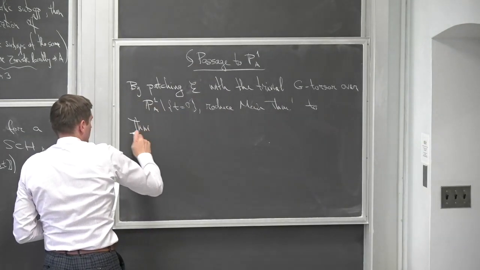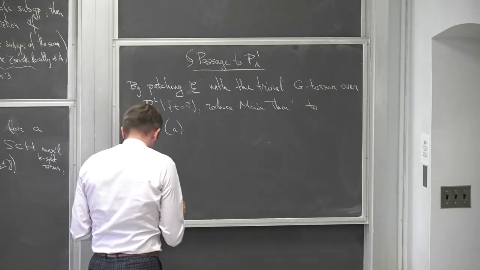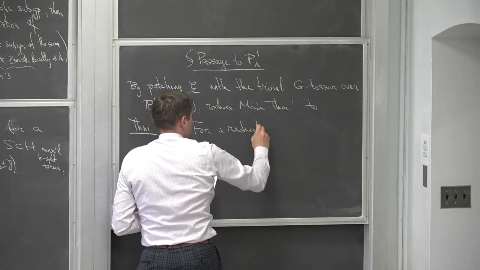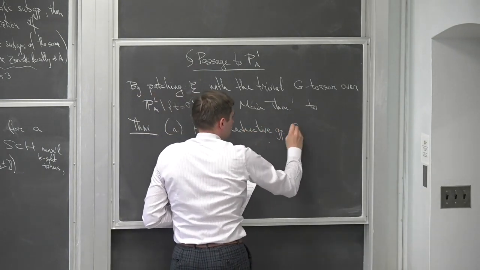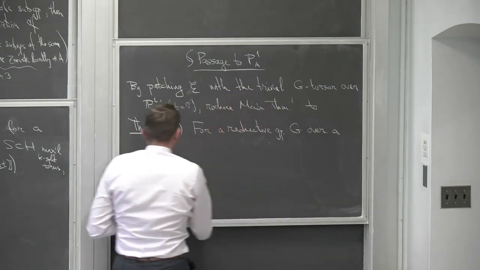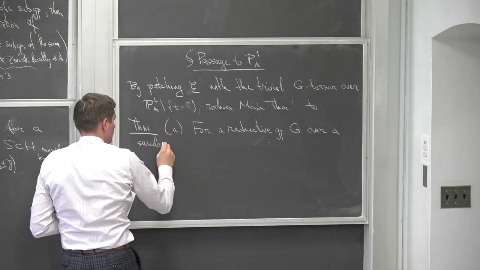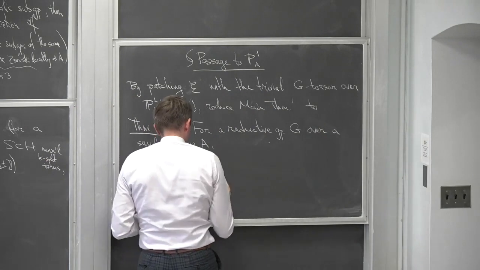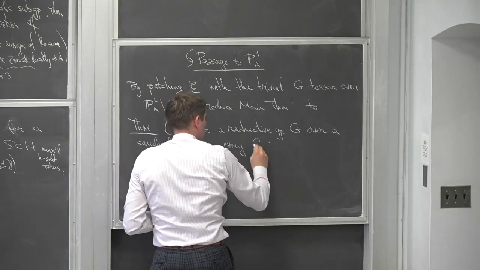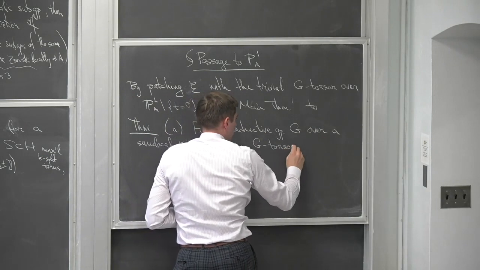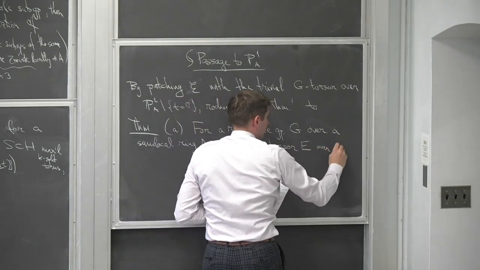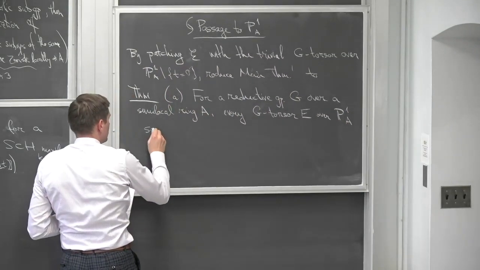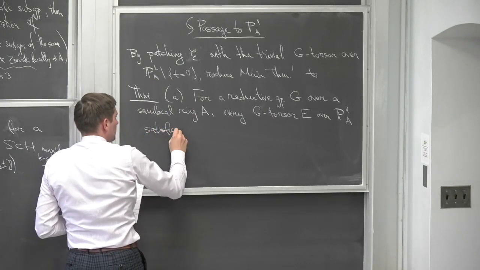Okay, so then we have two parts. The first one is if the ring is semi-local, but the group is arbitrary. So for an arbitrary reductive group G over a semi-local ring A, every G-torsor E over P1 of A is such that it's section-wise constant.